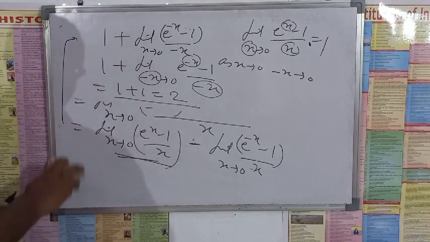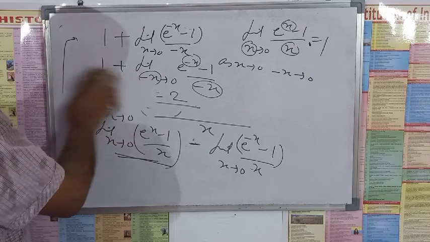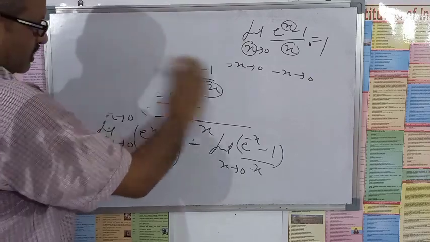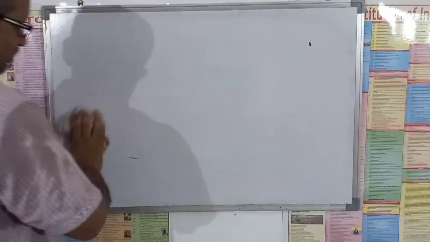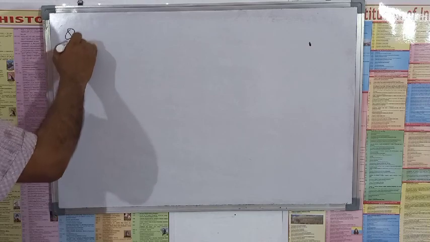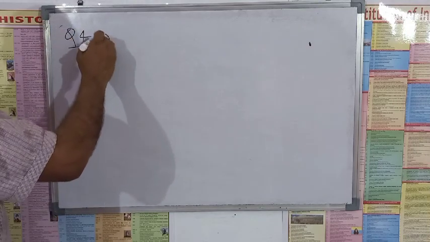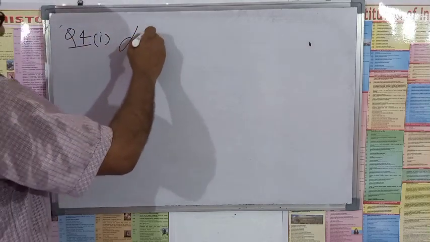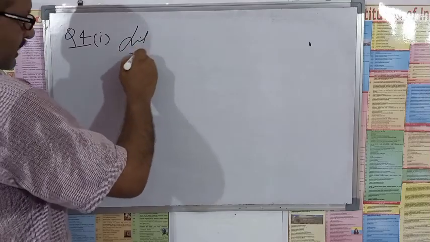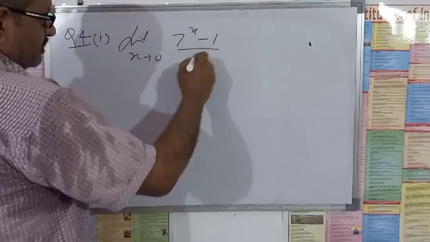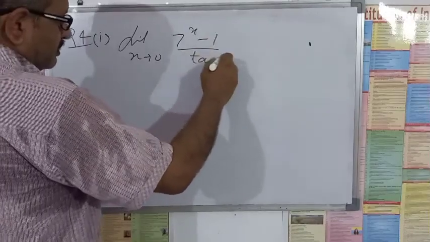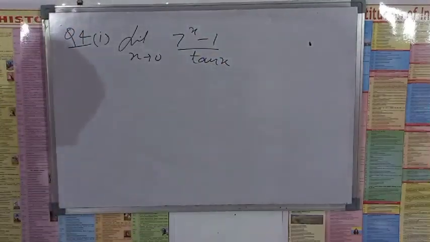Now we will see question number 4, first part. Limit x tends to 0, 7 to the power x minus 1 upon 10x.